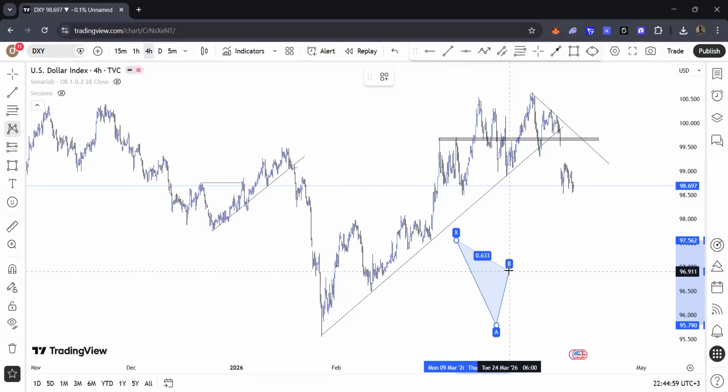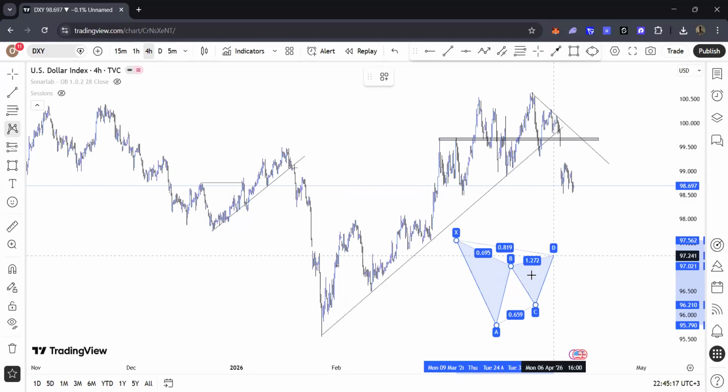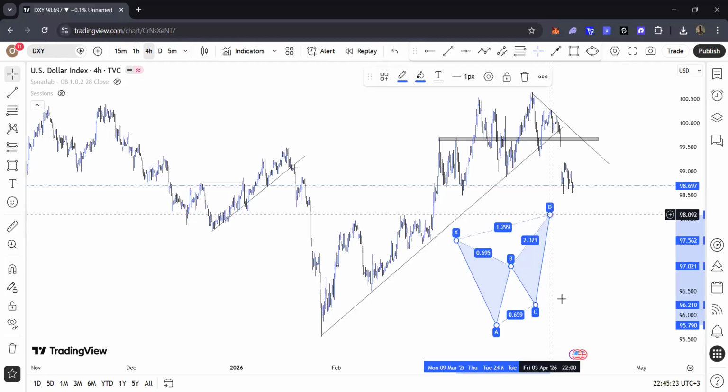For this Gartley it's 0.618, I think, if I'm not mistaken. That's the concept. If it touches 0.618, meaning C may just be around 0.882, then you tap it there. And if it's accurate, this one also has to be accurate. It has to come over to 1.20. Then that's when you sell.